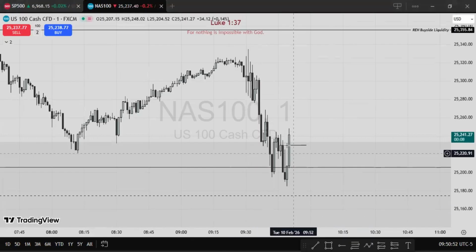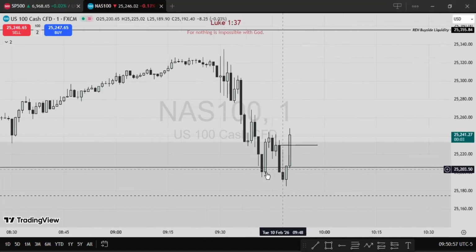If we get the closure above this order block here, I'll take one here. Because this is just a resweep here.